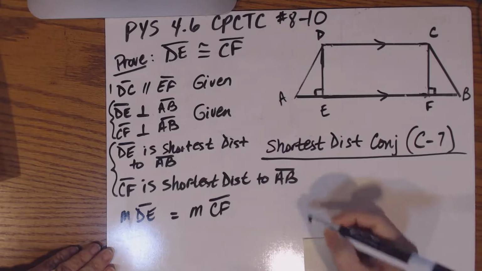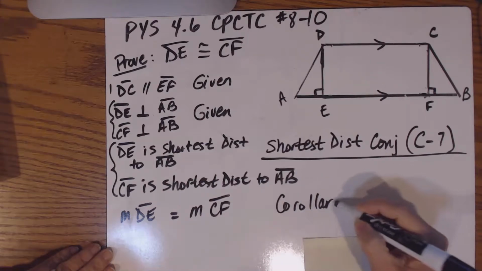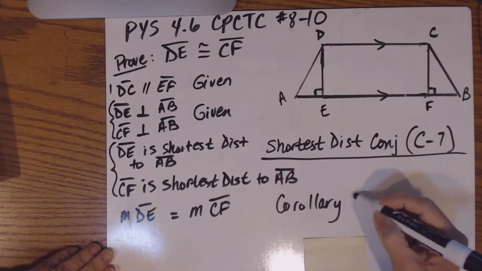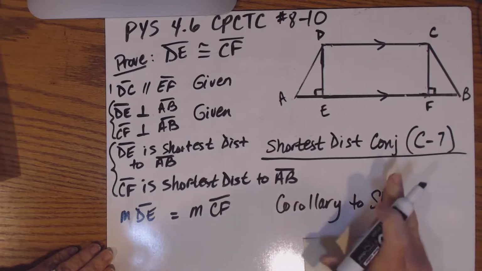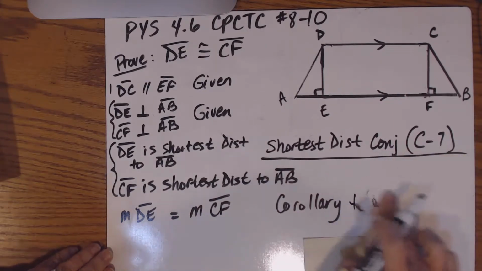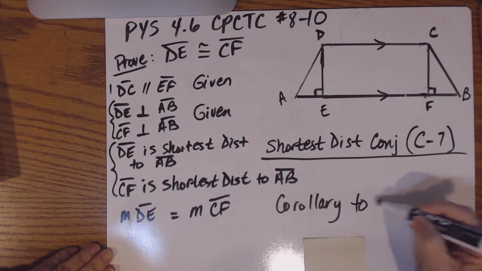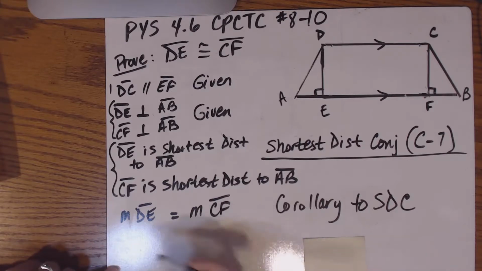And what we would say is the justification, the reason, is that that's a corollary to the shortest distance conjecture. It follows from it, okay, and that's a justifiable statement that we can make.